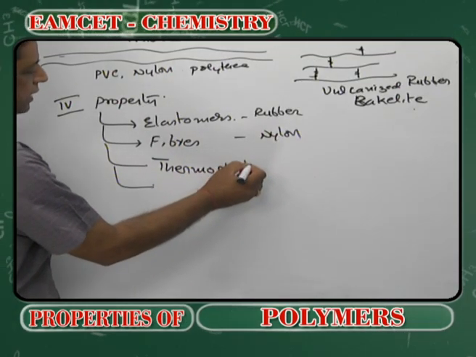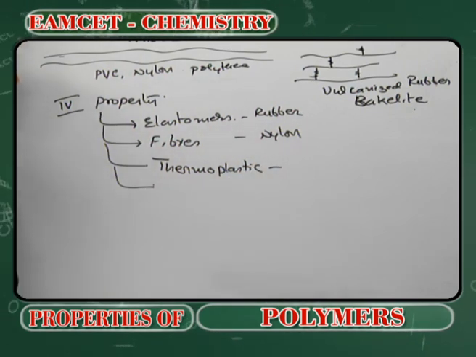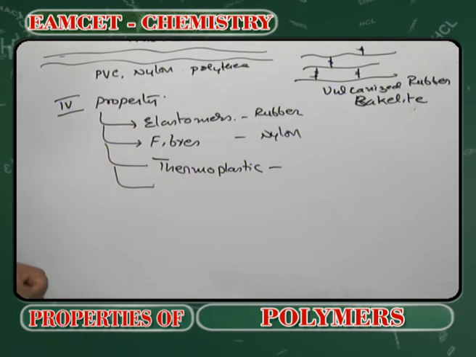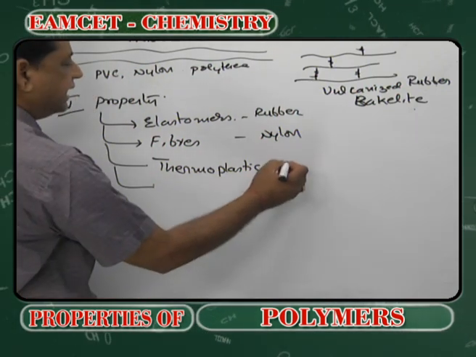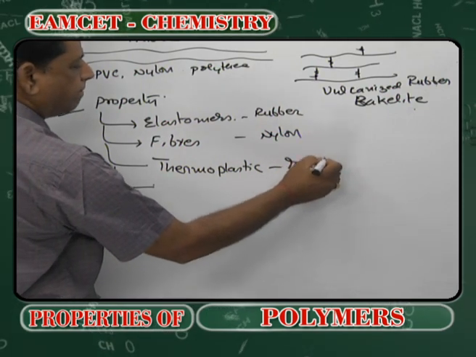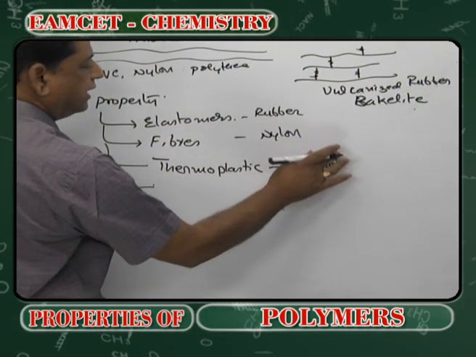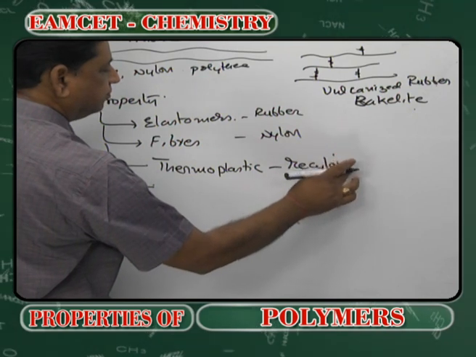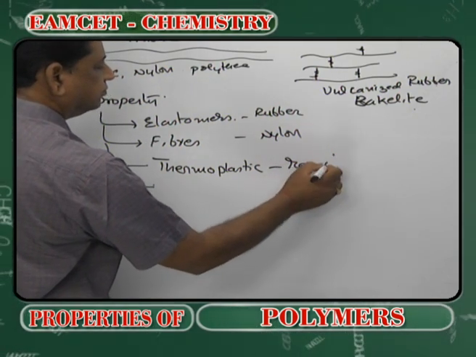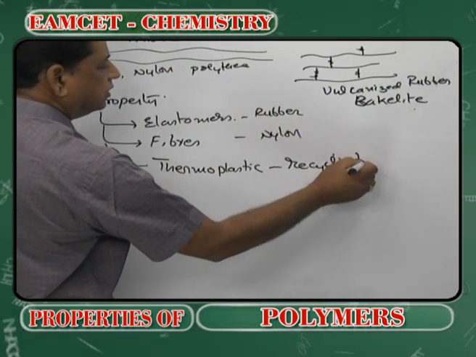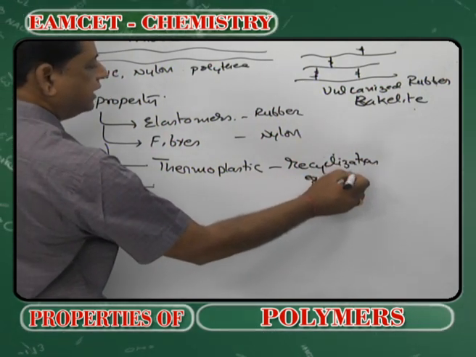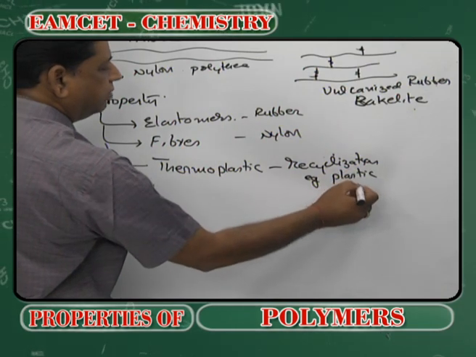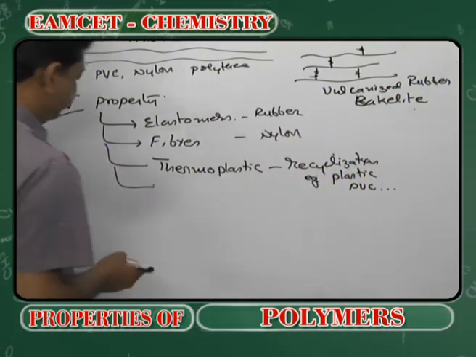thermoplastic. One of the advantages of plastic is that if it breaks, when you heat it, it becomes joined again and you can go for a second molding, that is recyclization. Examples are all plastic materials like PVC, polythene and so on.